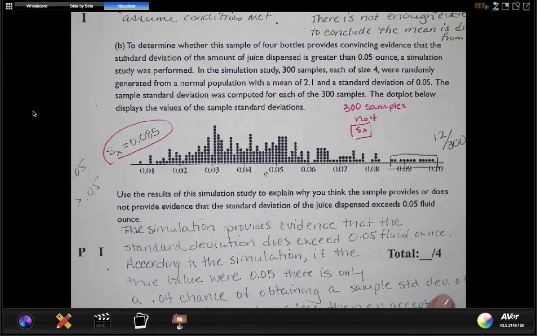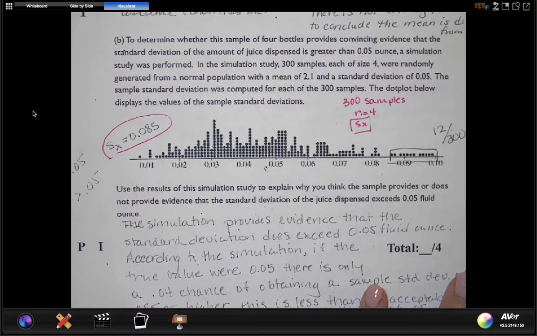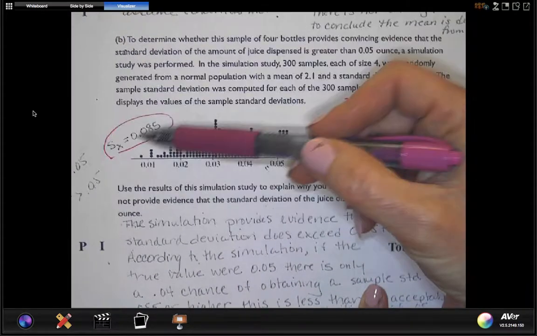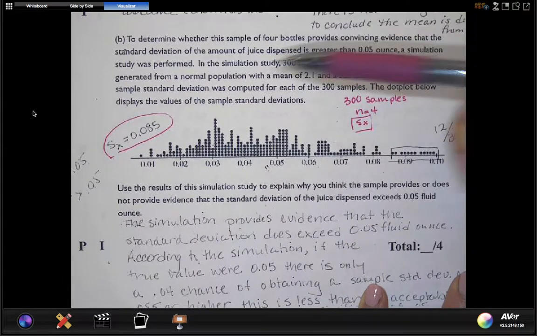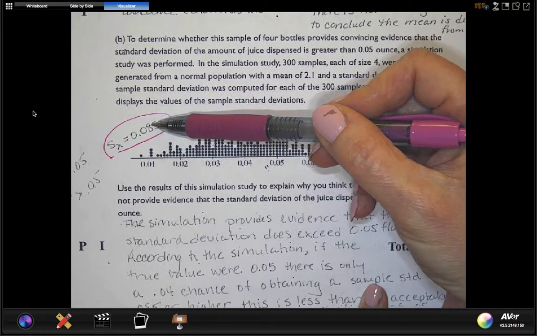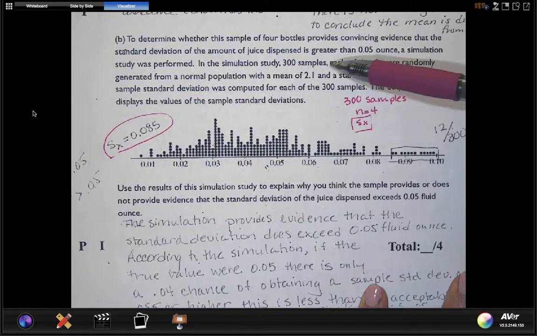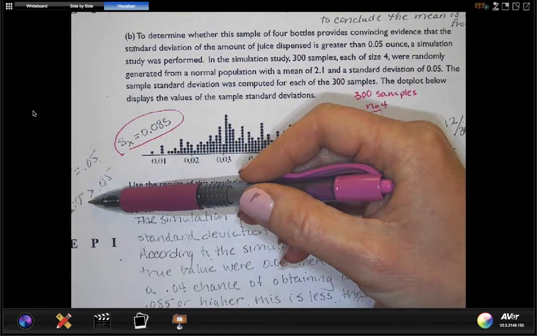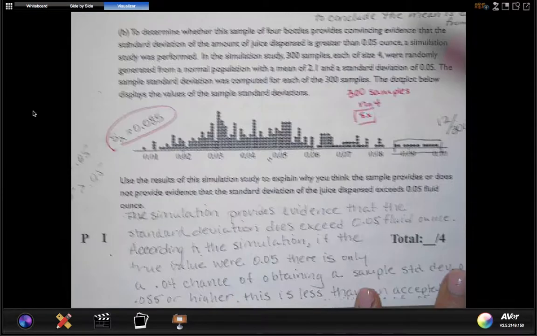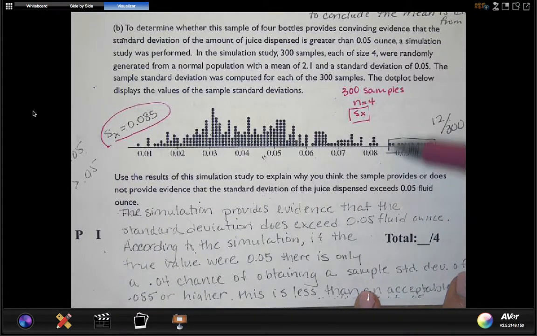In order for me to figure out the p-value here, I'm taking this value here and trying to find the likelihood of observing that value or something more extreme. And my more extreme is going to be greater than. So this is probably about where that 0.085 is, so that value or something higher.